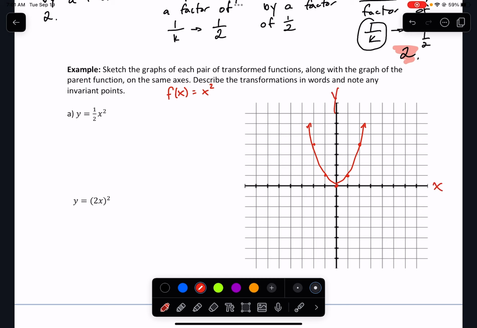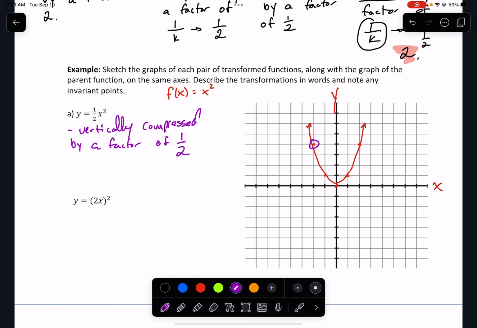Okay, so part A is asking me to vertically compress the graph by a factor of 1/2. So we're going to take all those points and compress them, or make the y values half as big. The y value for that point is positive 4, and so it's going to become 2.